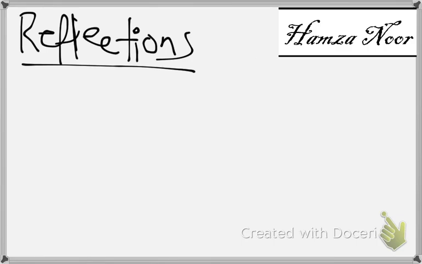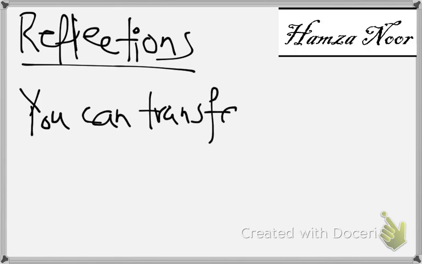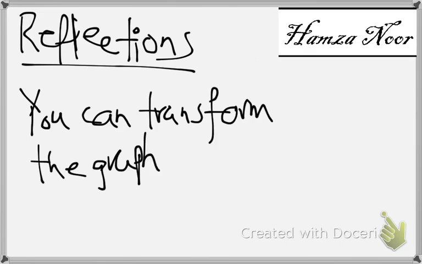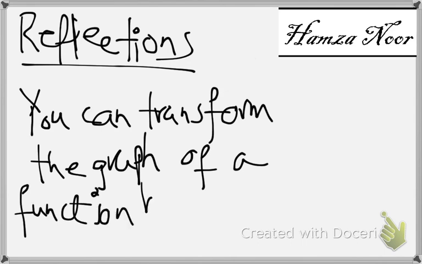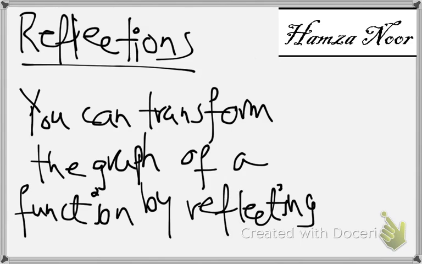Okay, so now coming to the reflections part, you can transform the graph of a function by reflecting the graph in one of the axes, like either in the x-axis or y-axis.